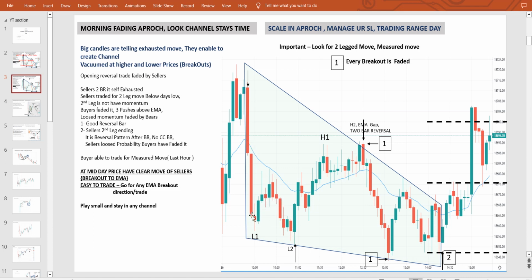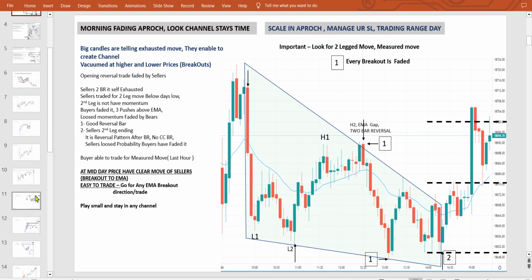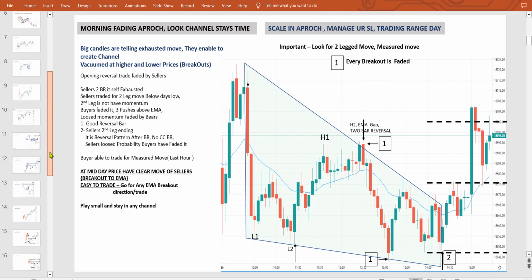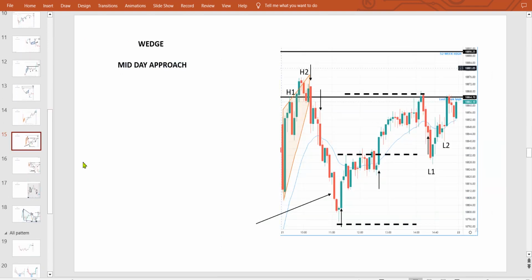This looks like a bear's move. If you notice this bull bar, it looks like it is itself in an exhausted mode. I also have examples. Here is one example, where this bull bar created a channel afterwards.